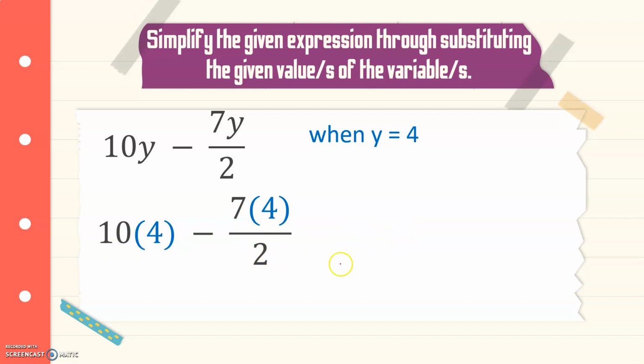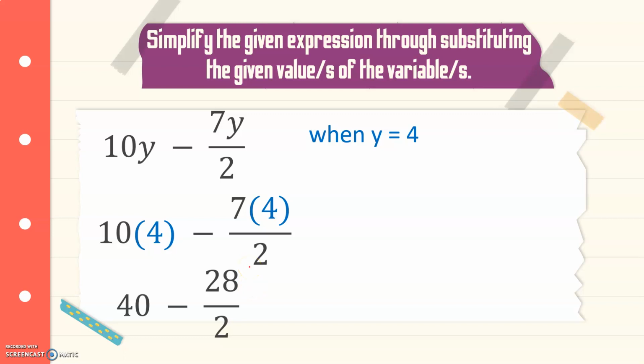Okay, following the GEMDAS rule, we simplify. We'll now have 10 times 4 is equal to 40. Then 7 times 4 is equal to 28. Okay, between subtraction and division, remember in algebra, when we have a fraction, it means division. So between subtraction and division, we have to simplify first 28 over 2.